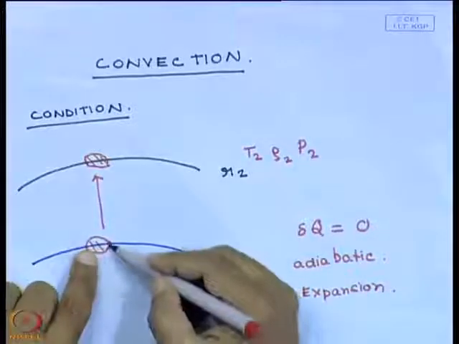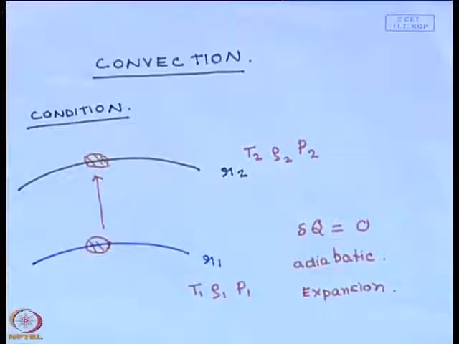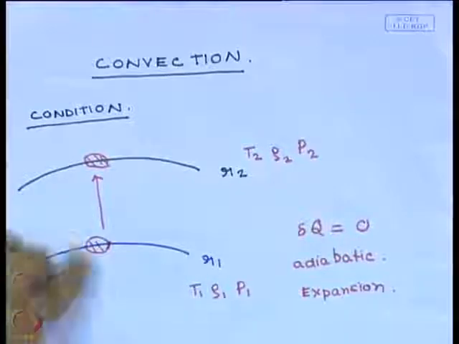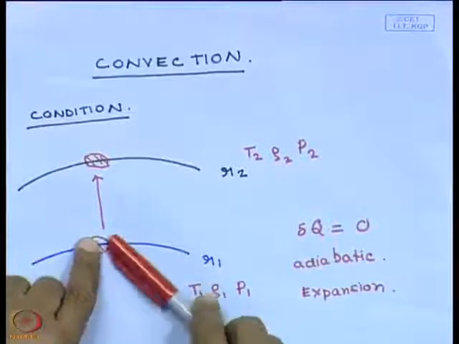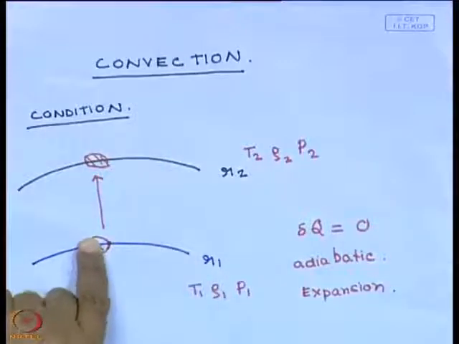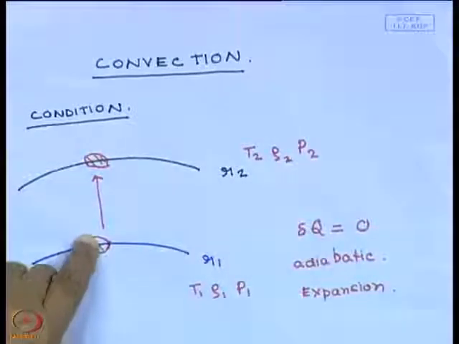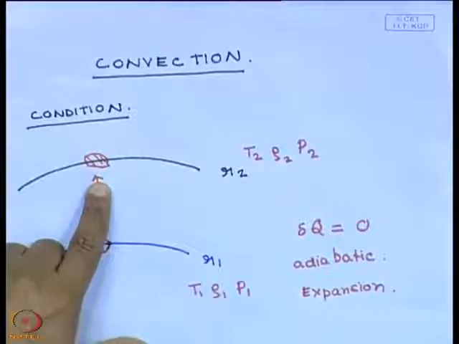This motion is going to be adiabatic, the bubble is going to undergo adiabatic expansion. As a consequence of this adiabatic expansion to another pressure P2, its temperature is going to fall, it is going to be cooler than what it was earlier.